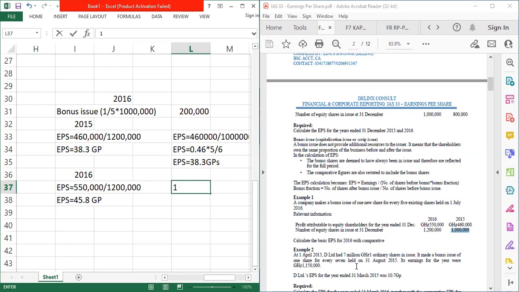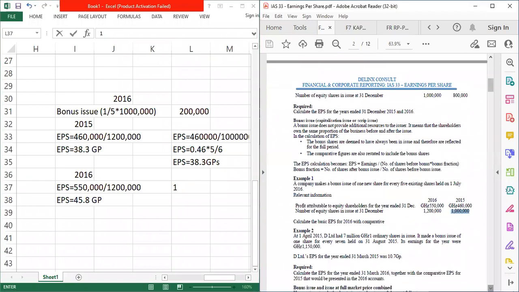Its earnings for the year were 1,150,000. The earnings per share for the year ended 31st March 2015 was 10.75 Ghana pesos. Calculate the earnings per share for the year ended 31st March 2016, together with the comparative earnings per share for 2015. That will be presented in the 2016 accounts.